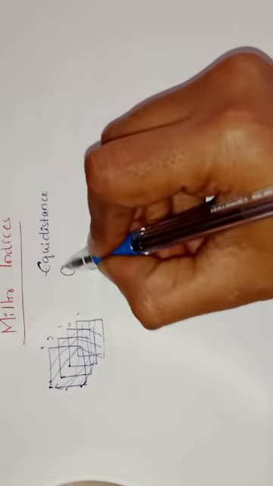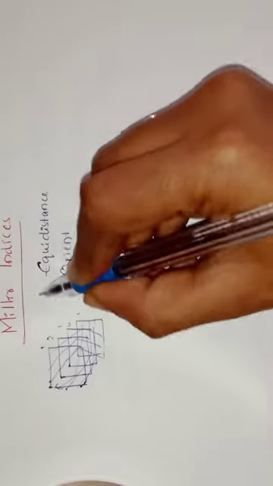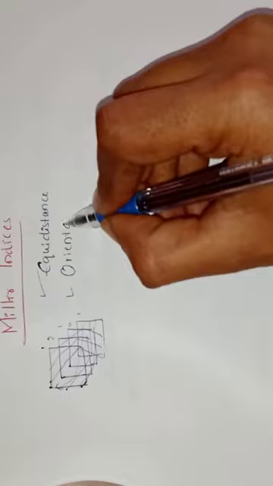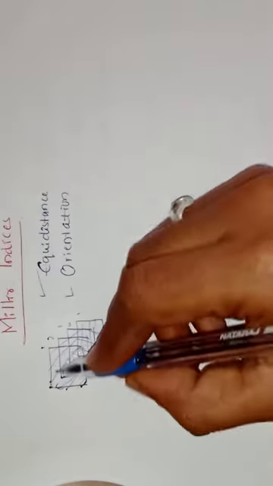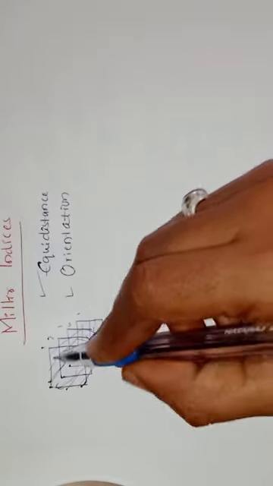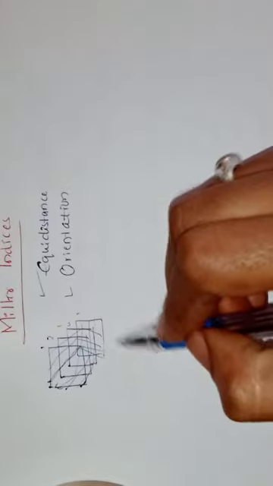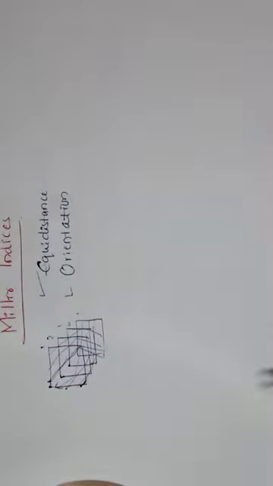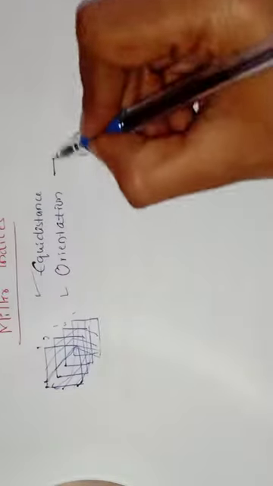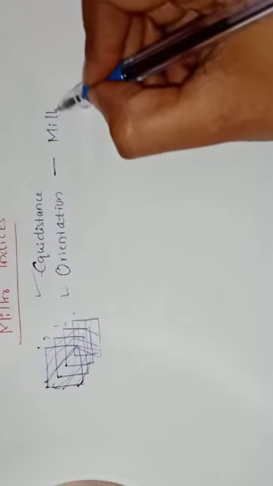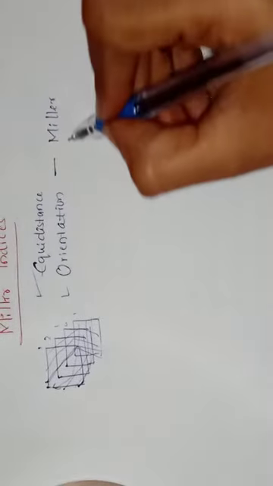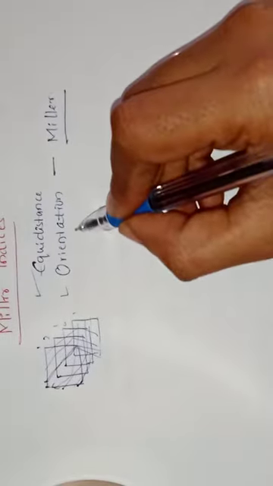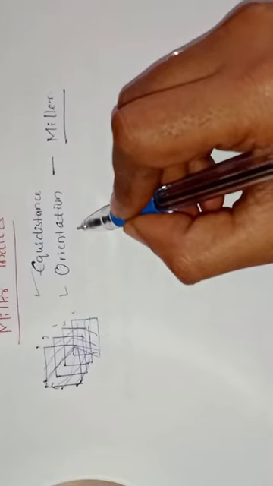The first one is equidistant, the second one is orientation, whether it is in the x plane, y plane or z plane. Like this, the orientation is also calculated here, and that is given by Miller. Miller is a person who had given the idea of orientation of the planes.